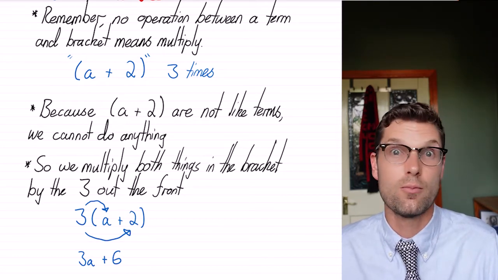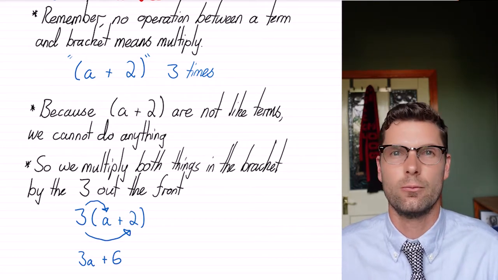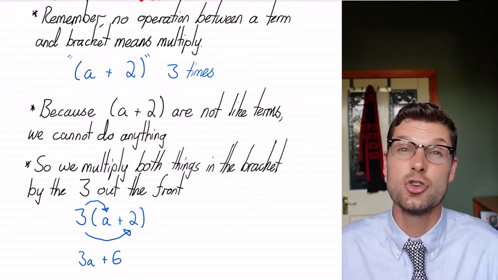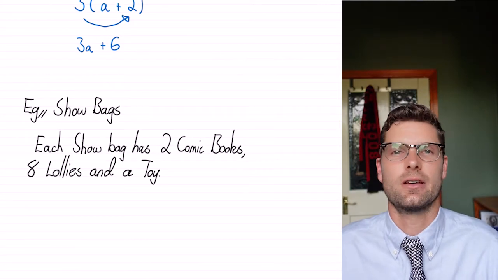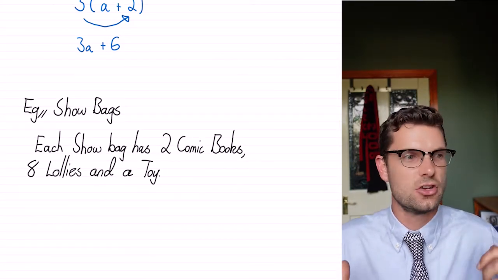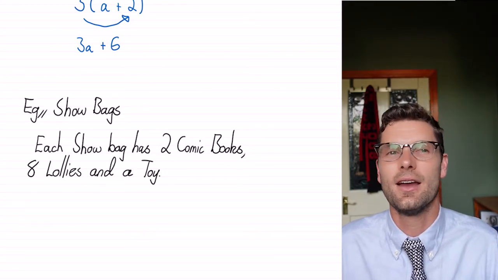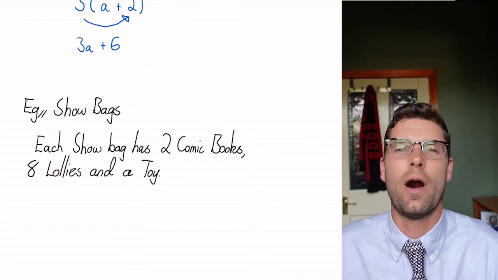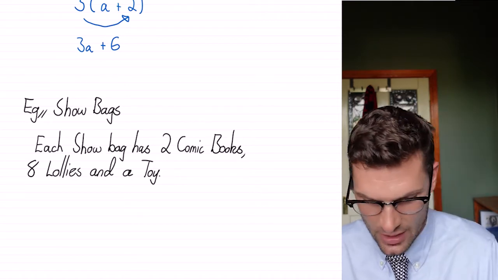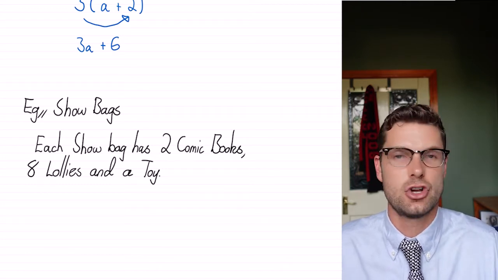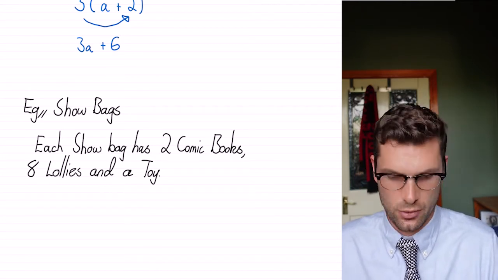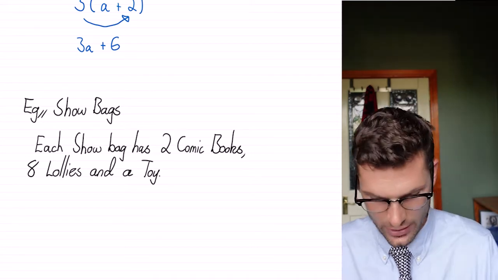We're going to look at one more example in real life that shows why this skill is important. I used to go to the Canberra show all the time, and you used to get a show bag, and I would never want to just get one. You'd want to get a few things. Maybe it's like the Marvel show bag. I'm going to get 2 comic books, 8 lollies, and a toy.